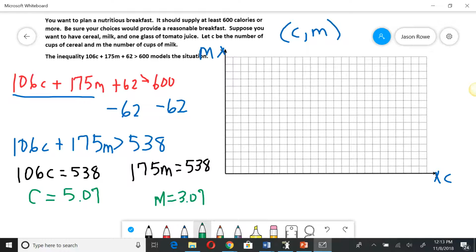So I'm going to number my graph. And again, if you don't have this graph, you can do a search for a single quadrant coordinate plane, and this will come up.